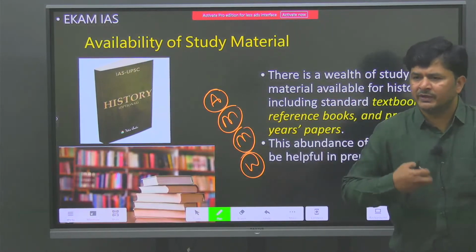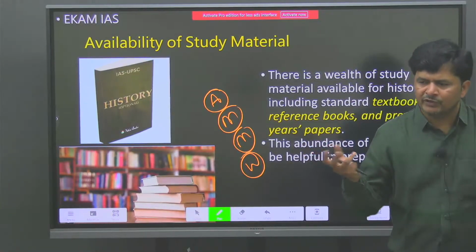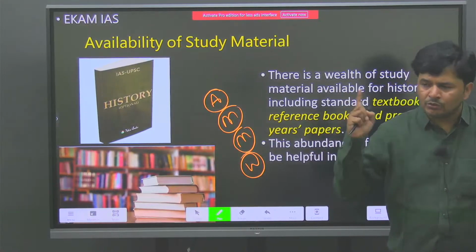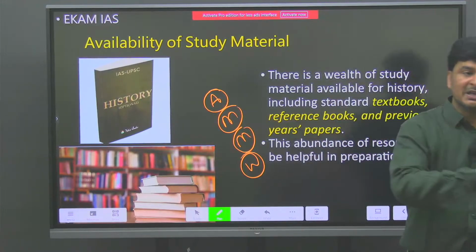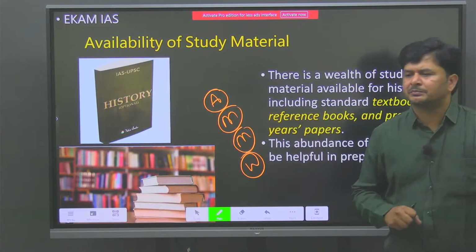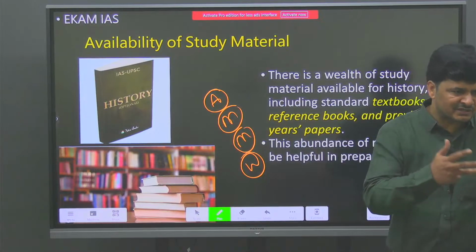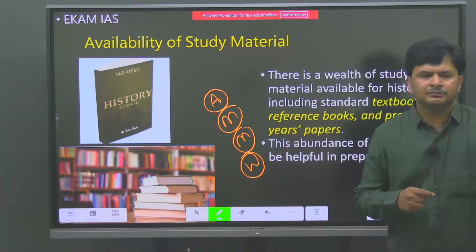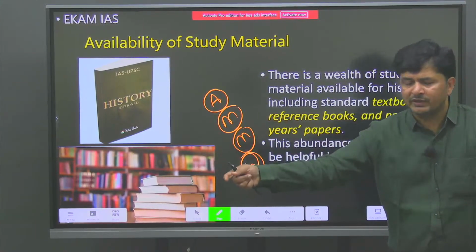When you're preparing for a very lengthy syllabus, because it is 500 marks, when you take history as an optional, you shall always keep in mind 500 marks. Let me tell you, you can't score the respective marks in general studies, but you can score very high marks in optional history. One of my students, by name Manisha Reddy, has scored very few marks in general studies, but she has scored very good marks in history.